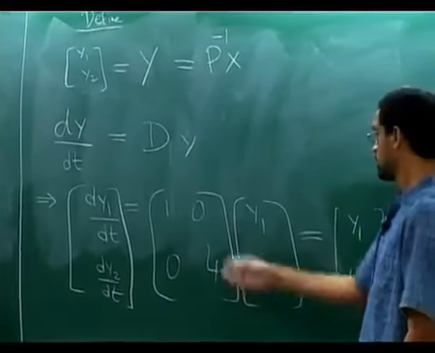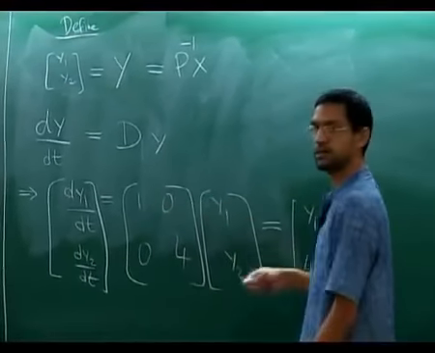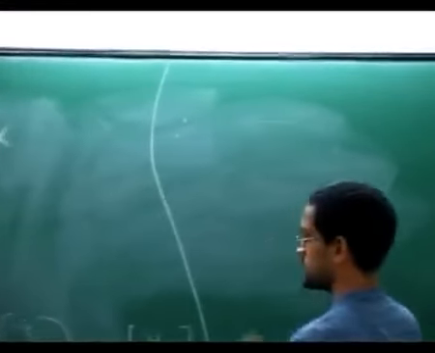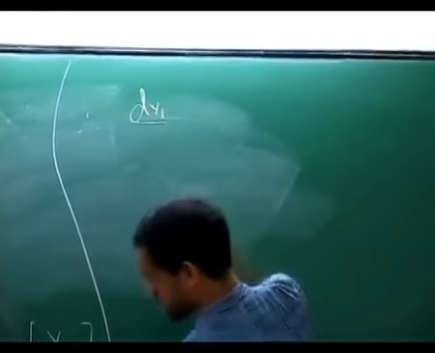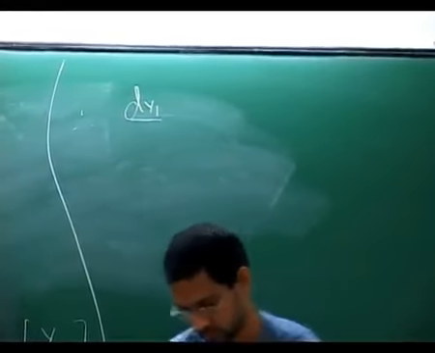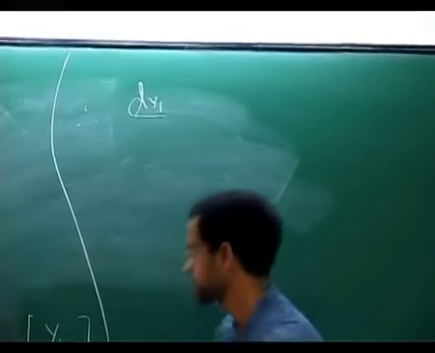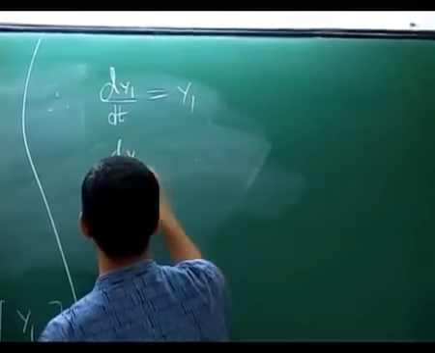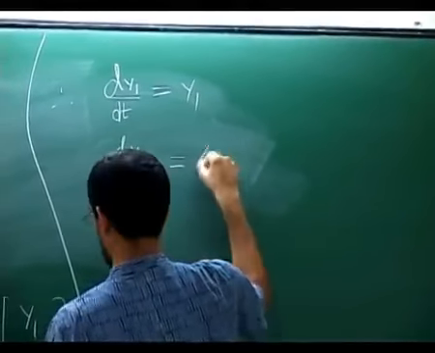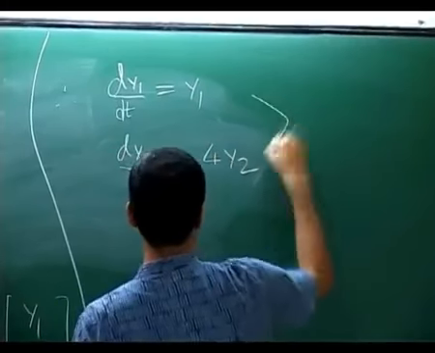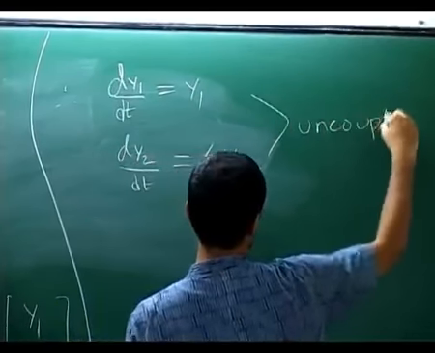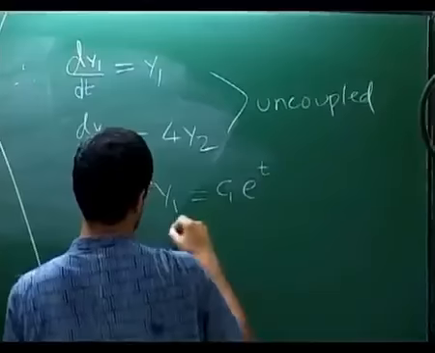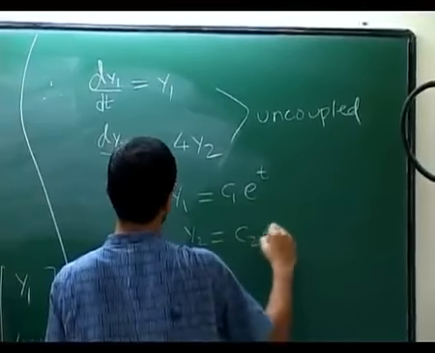So the resulting equations are two uncoupled equations: dy1 dt is y1, dy2 dt is 4y2. We know how to solve these. y1 is some constant times e to the t, y2 is some constant times e to the 4t.